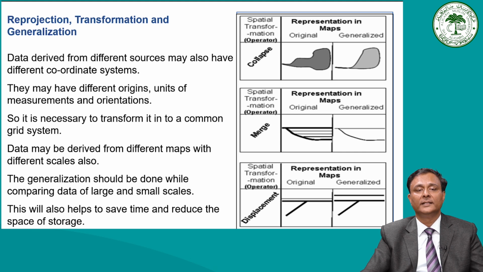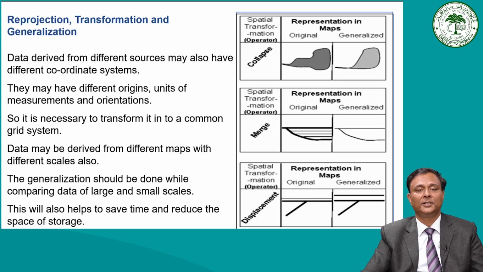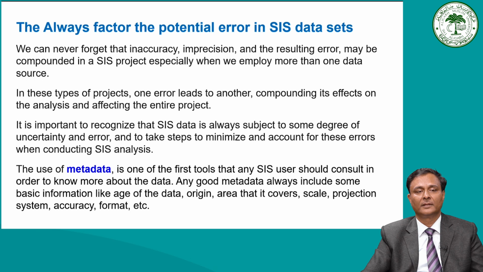The top row is collapse, where the small and minute details are being generalized. So these are some very important generalization processes, but actually in some way intentionally we are changing the original spatial information for our convenience, but it is in some way making some kind of errors, bringing errors into our digital data.